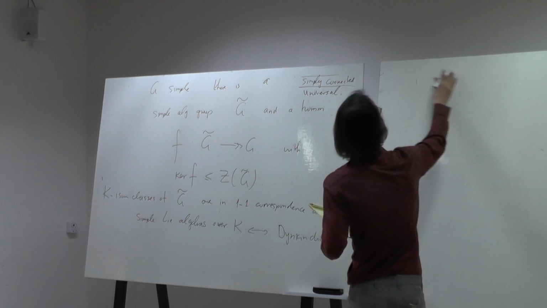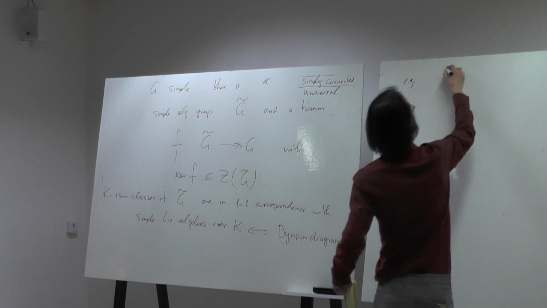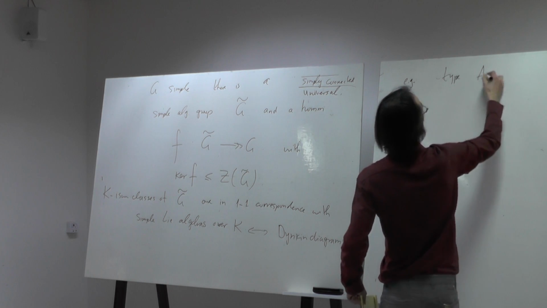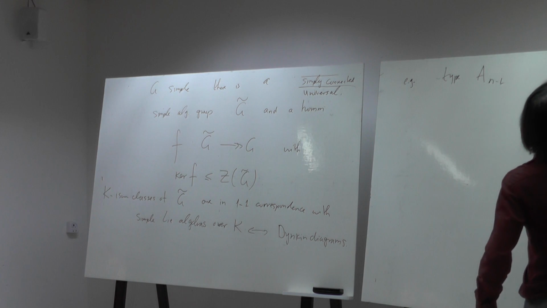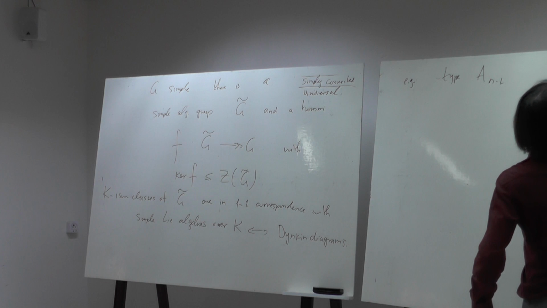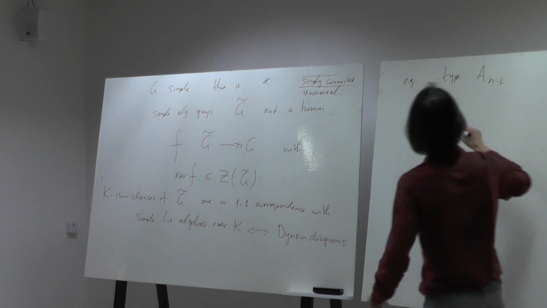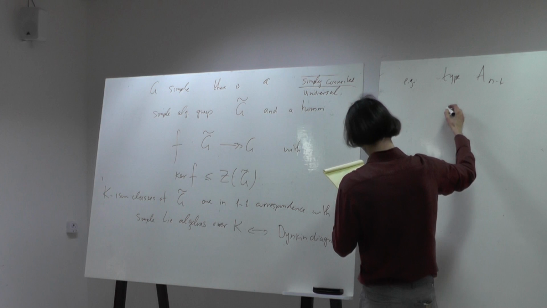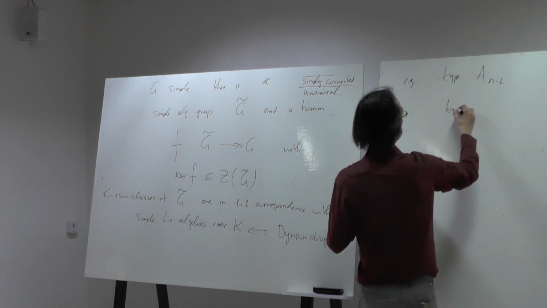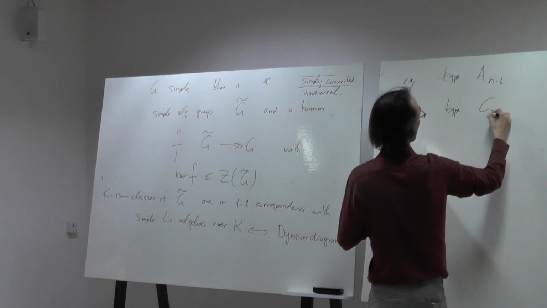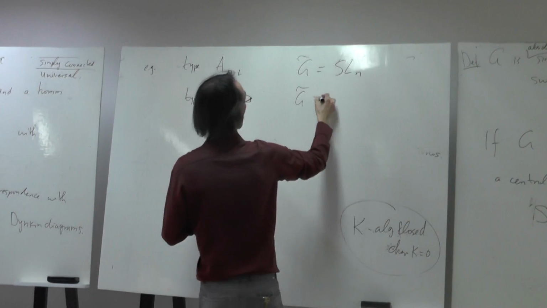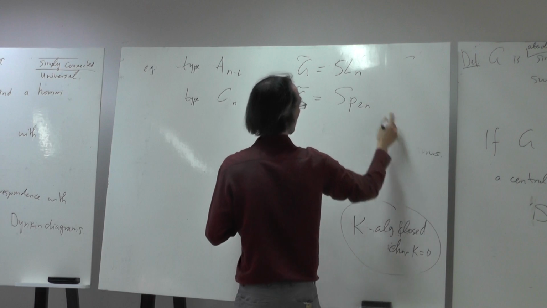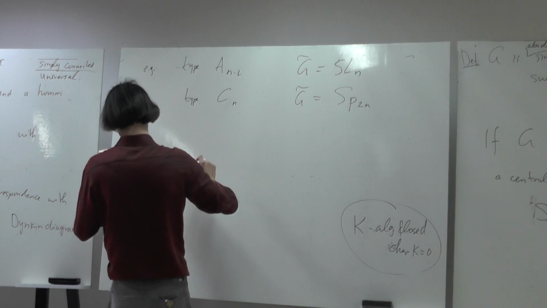So, e.g., if the type is A_{n-1}, then G tilde is SL_n. If the type is C_n, then G tilde is the symplectic group Sp_{2n}.